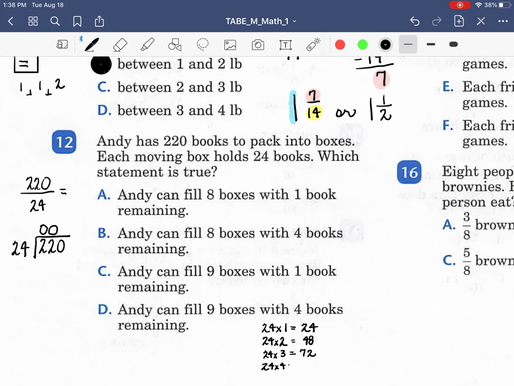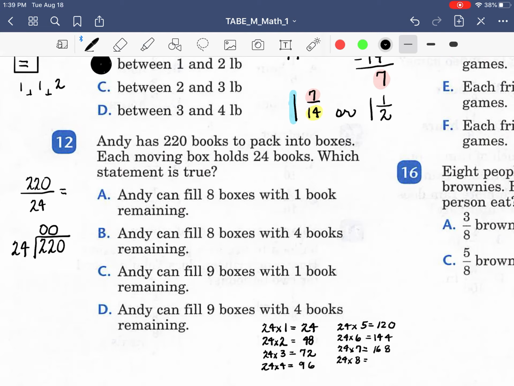24 into 220. So 24 times 4 is 96. 24 times 5 is 120. 24 times 6 is 144. 24 times 7 is 168.